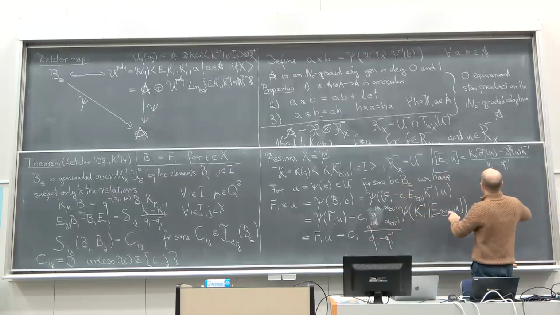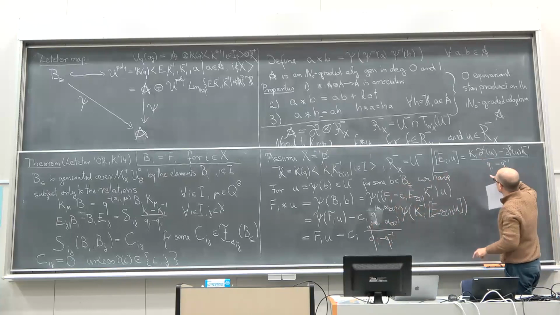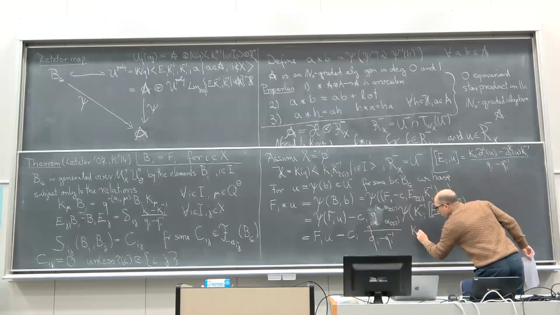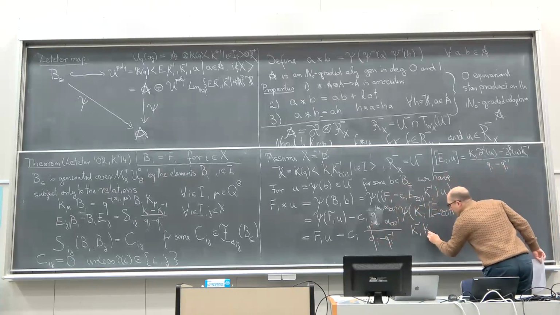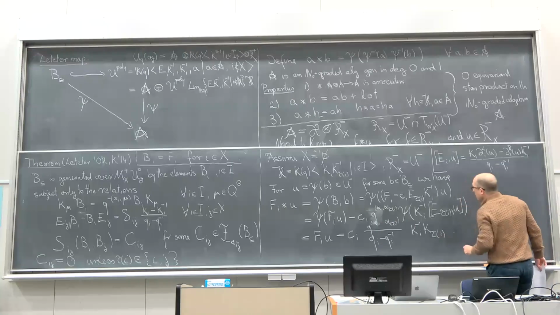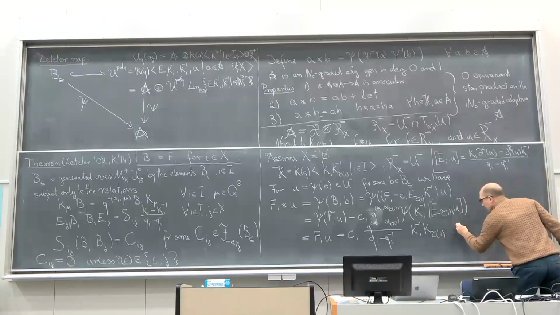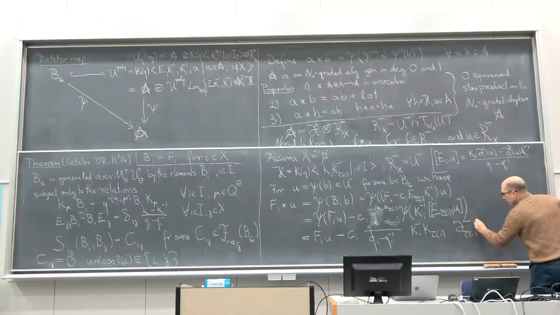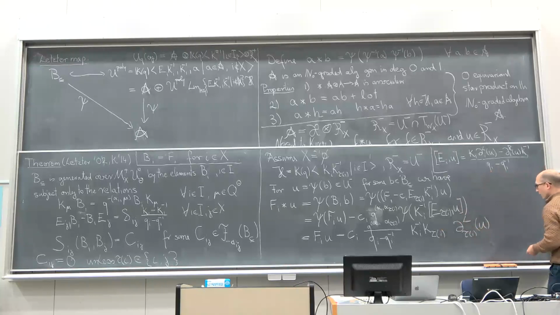Then this term up here survives, with I replaced by tau of I, so I get k I to the minus 1, k tau of I, times this Lustig Kashiwara skew derivative delta tau of I L evaluated on u. Now this will be in u minus, and so if I then apply psi to it, well, this already is in A. So there's the formula, and that was the calculation.